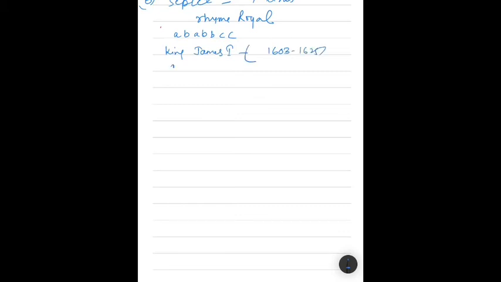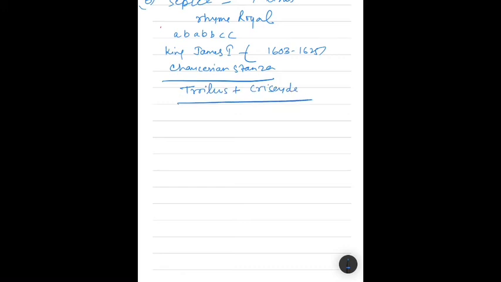It is also known as Chaucerian stanza because it was Chaucer who made it popular, and Chaucer wrote his poem Troilus and Criseyde, and there in Troilus and Criseyde he used this pattern of 7 lines, that is rhyme royal.